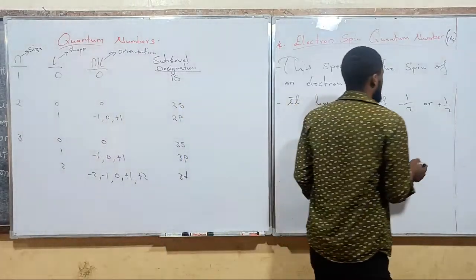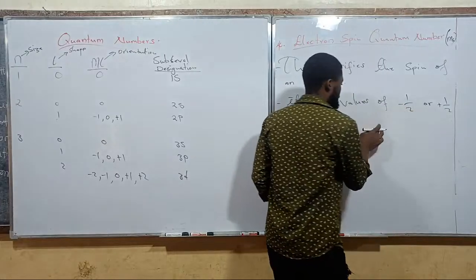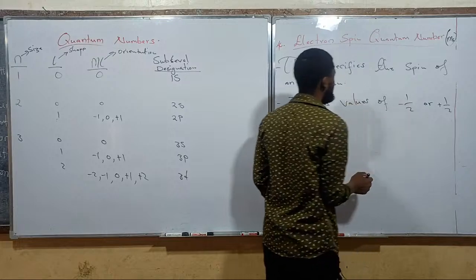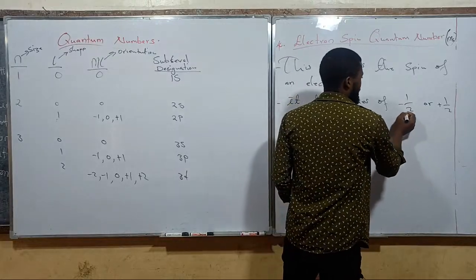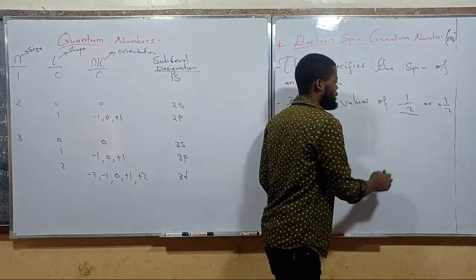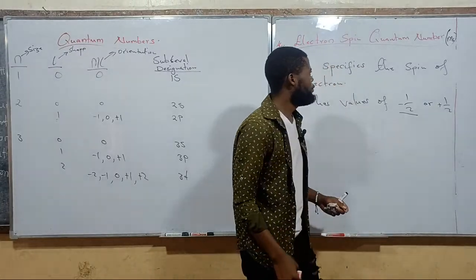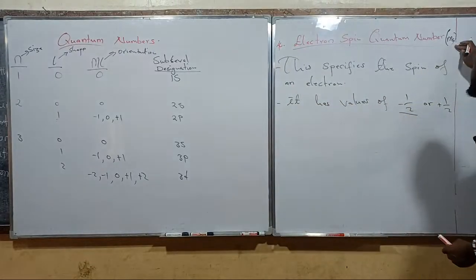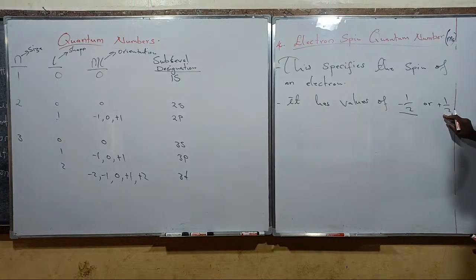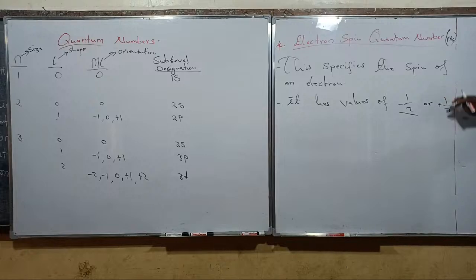So if the electron spin quantum number is -half, meaning the spin of that electron is counterclockwise or rather downward. If an electron is denoted by +half, it only means that particular electron spins in a clockwise direction, or if you want, you can just say upwards like that.